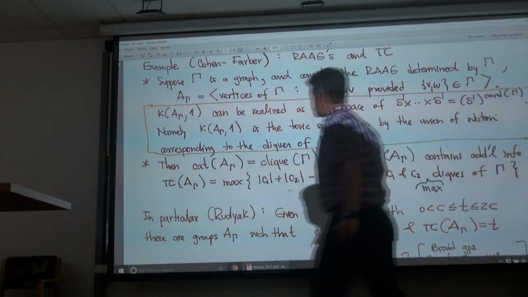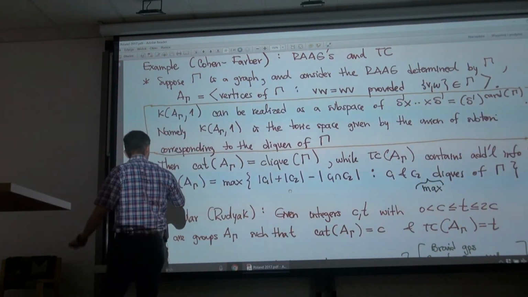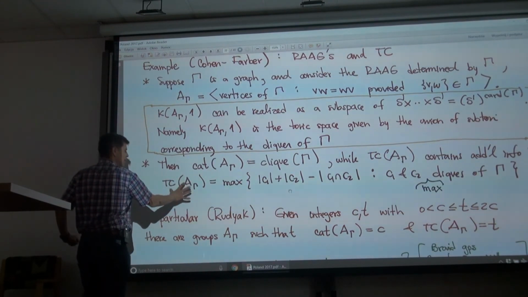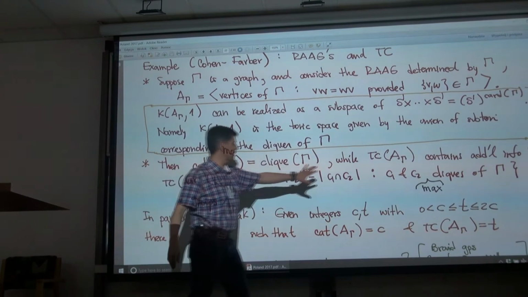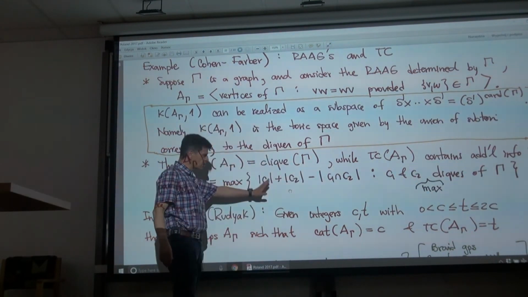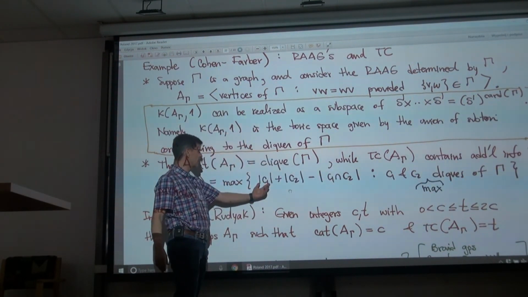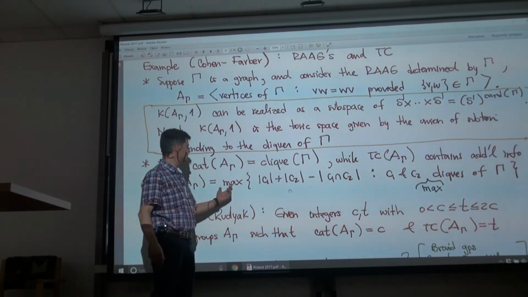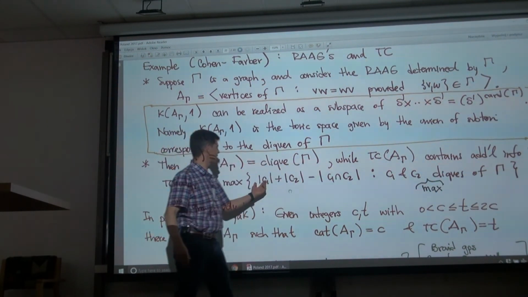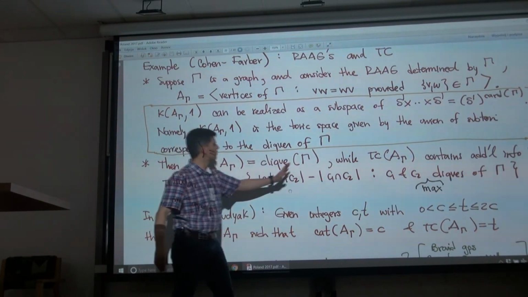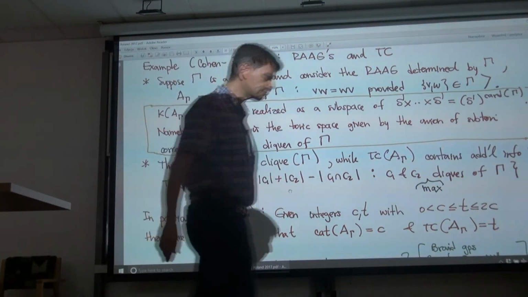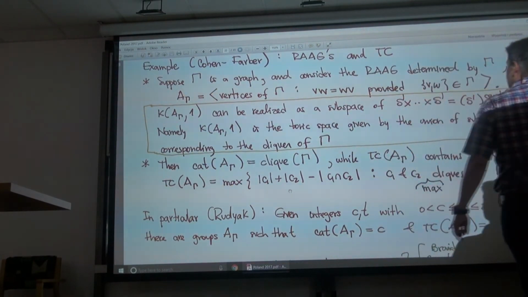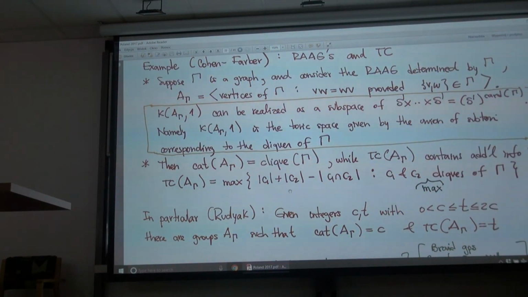Well, but the situation for TC has a little extra combinatorial information. Namely, it's given in terms of maximal cliques, but it's not just the clique number. You have to take the maximum of the sizes of maximal cliques, removing common intersections. So let's now finish.